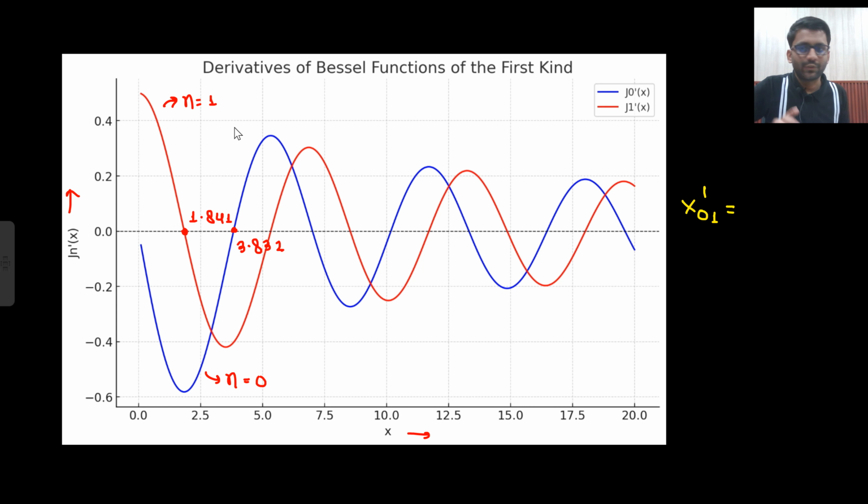For n equals 0, first I need to look at this graph. For n equals 0, at what value of x is J0 dash x becoming 0 for the first time? For the first time, it is becoming 0 at 3.832. Say yes or no.